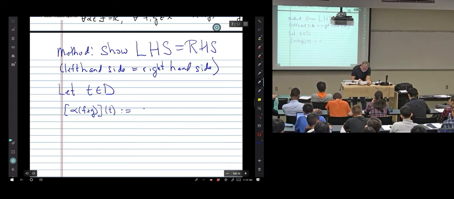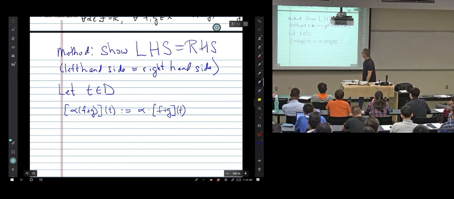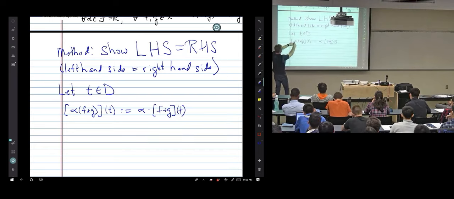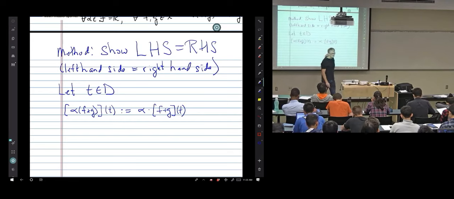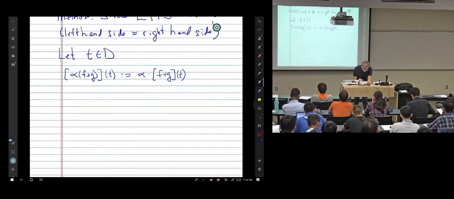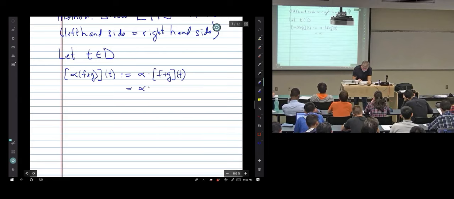It's alpha times (f plus g) evaluated at t, because that's how I defined a scalar multiplying a function. I take the scalar and multiply it times the function evaluated at that point. This is supposed to be a real number because I know how to do addition of functions. And this, by definition, is equal to alpha times (f of t plus g of t).